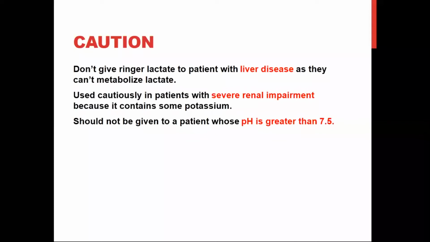Also, use the ringer lactate with caution in patients with severe renal impairment because it contains some potassium, and it should not be given to the patient when the pH is greater than 7.5. When the pH is high, meaning alkalosis, it should not be given.